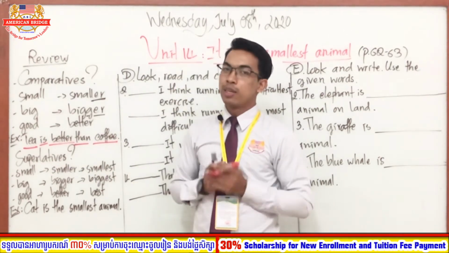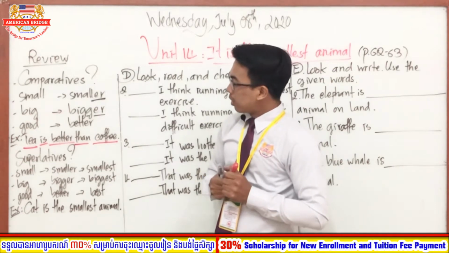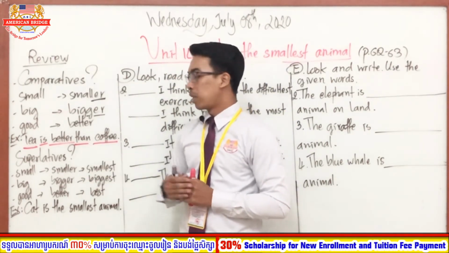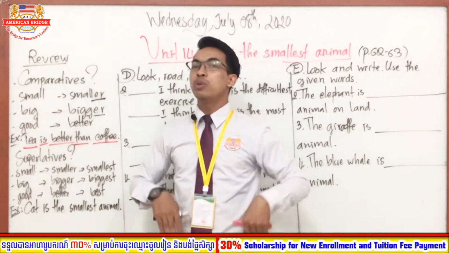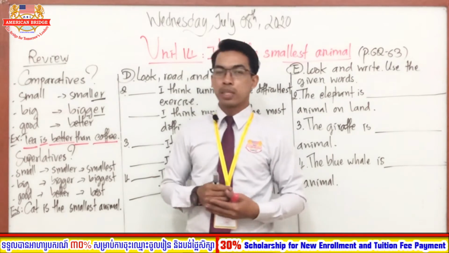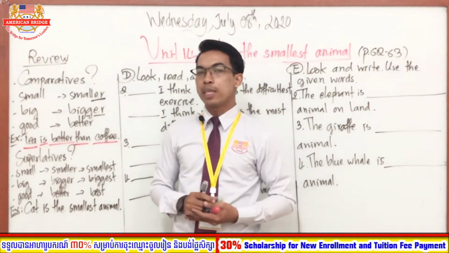You see, good. So now let's move on to the next one, superlative adjectives, the lesson that you are studying currently. What is a superlative adjective, everyone? Yes, of course.